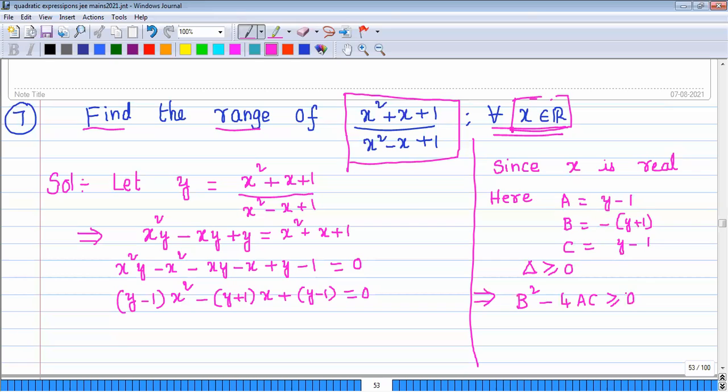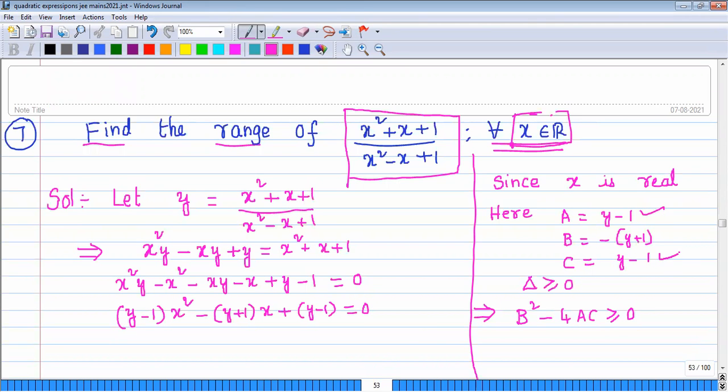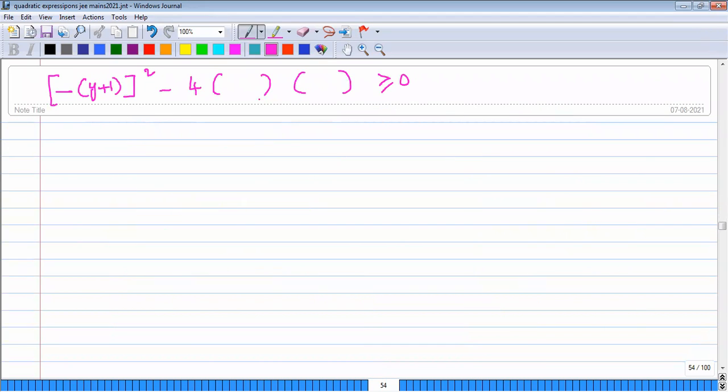Let us substitute the b, a and c values. b square means minus of (y plus 1) whole square, minus 4 times a times c, greater than or equal to 0. Now a is y minus 1, c is also y minus 1.